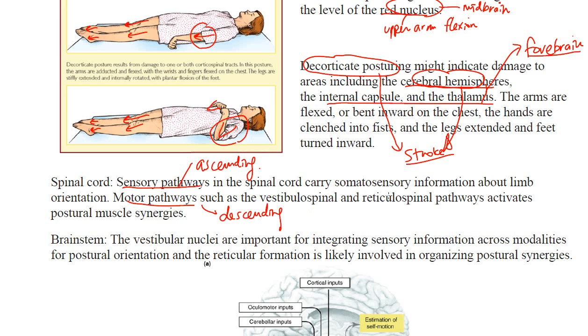And specifically the descending pathways, the vestibulospinal and reticulospinal pathways are considered as medial upper motor neurons. And this is controlling the axial muscles. So by controlling the axial muscles, it's intimately related to postural muscle synergies.